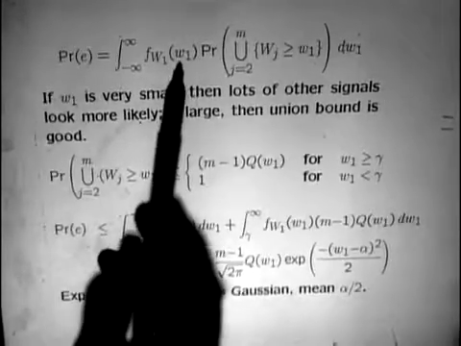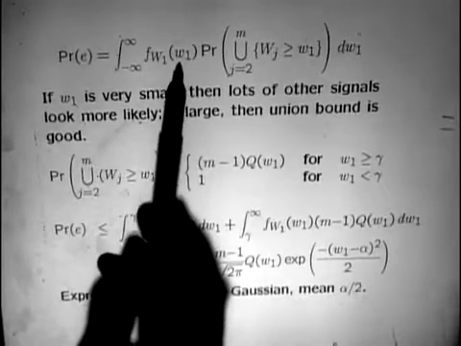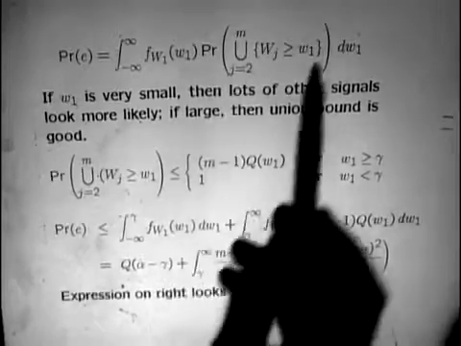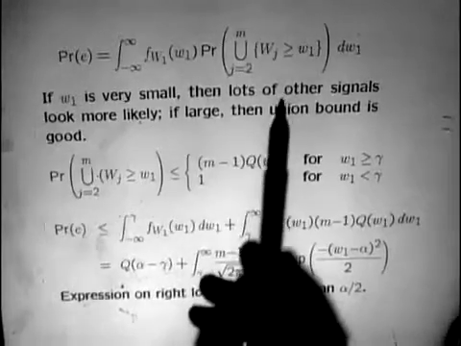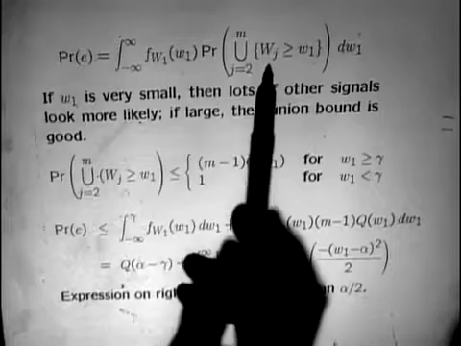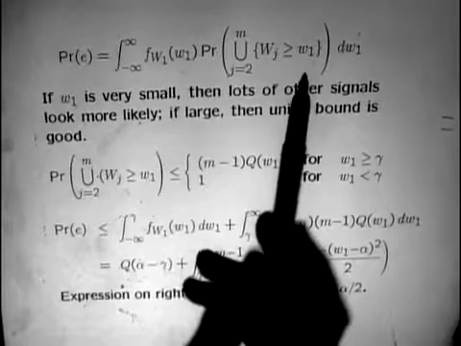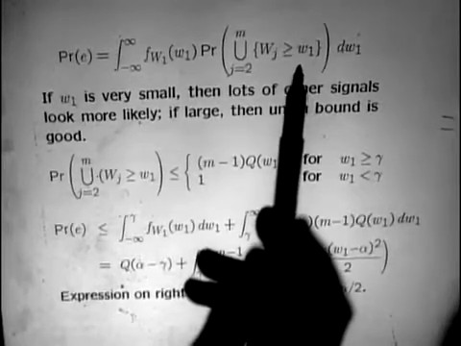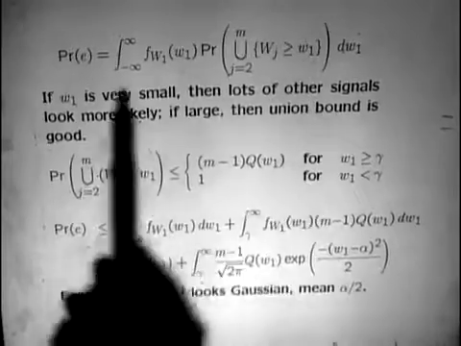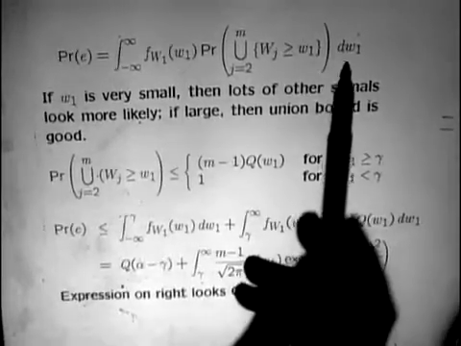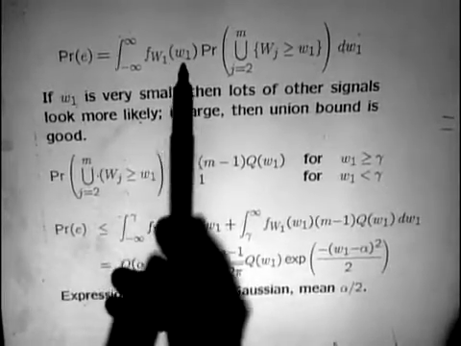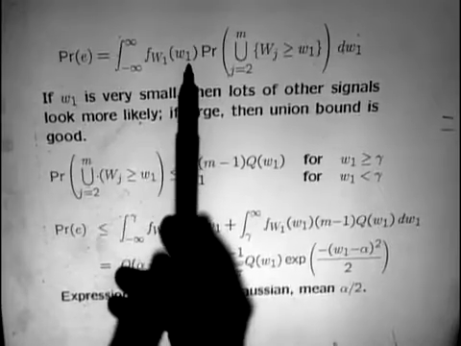And for each W1, I'm going to make an error if the union of any one of these events occurs. Namely, if any one of the W sub j's is bigger than W1, bingo, I'm lost. Okay? So I'm going to integrate that now over all values of W1.